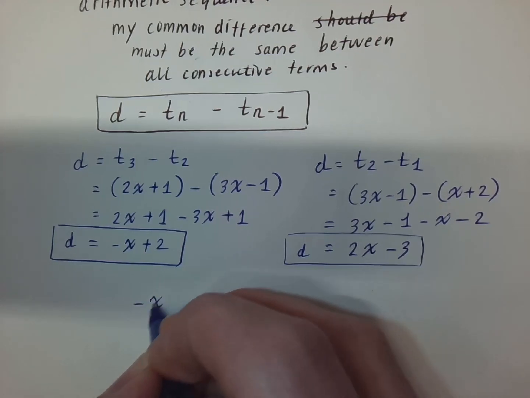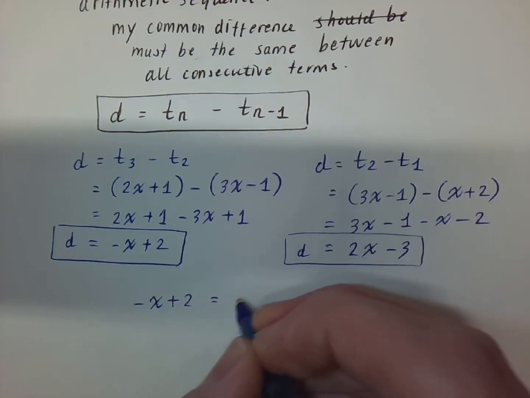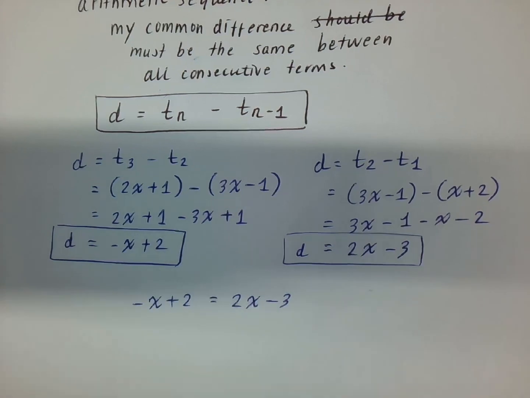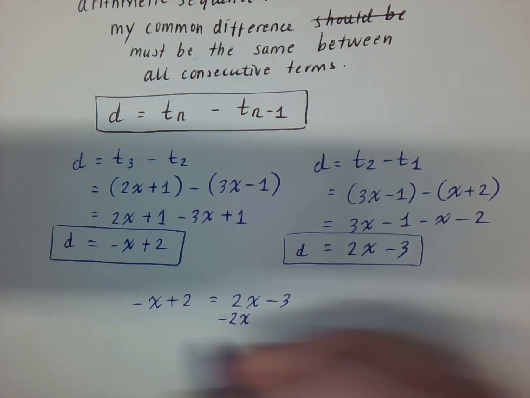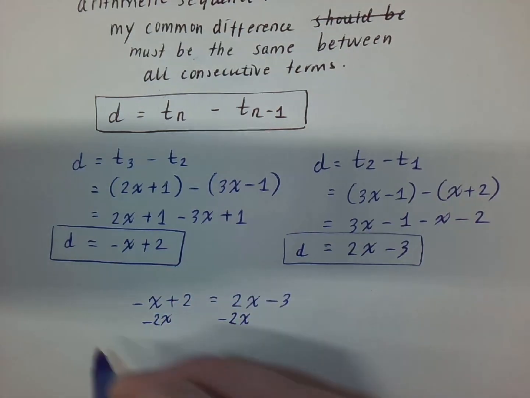So negative x plus 2 must be equal to 2x minus 3. Let's get all of my x's onto the left side.